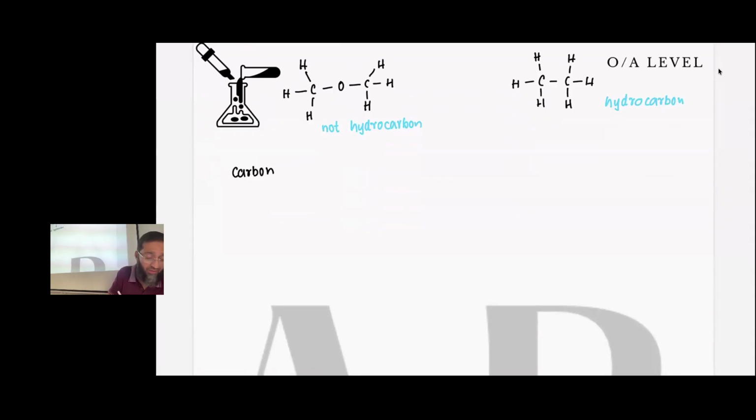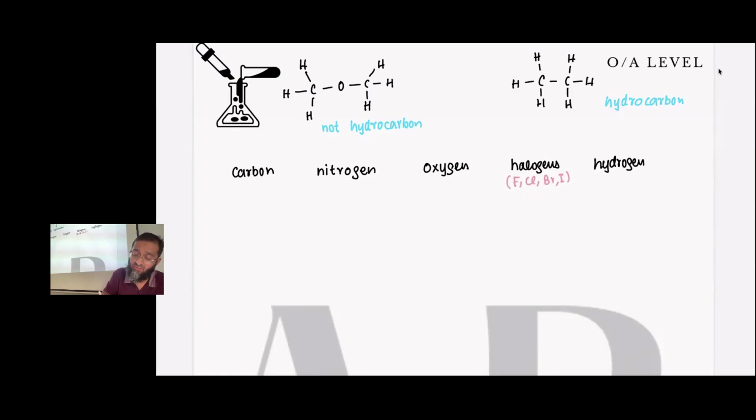So we have carbon, nitrogen, oxygen, halogens, and hydrogen. Halogen means fluorine, chlorine, bromine, iodine, etc.